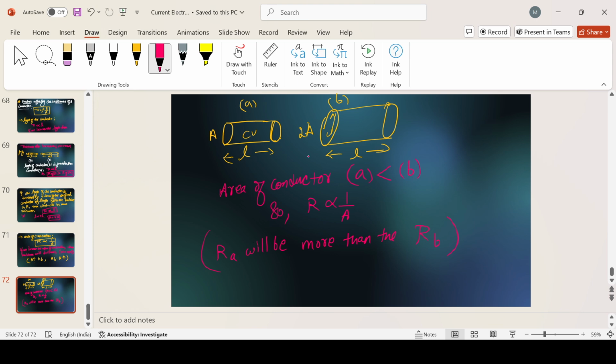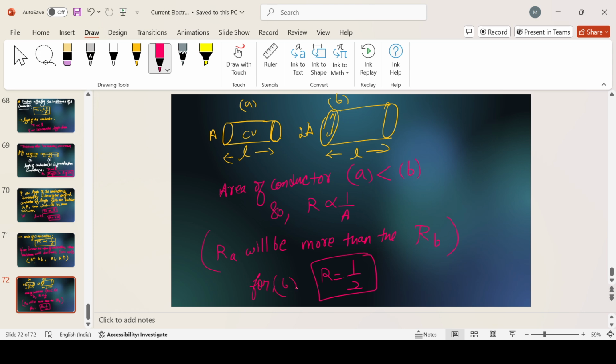So now what will the resistance be here? For A, the area of cross section is A only, so R is the base value. Now take the second case. In the second case, how much will R be? R will be 1/2. Yes?